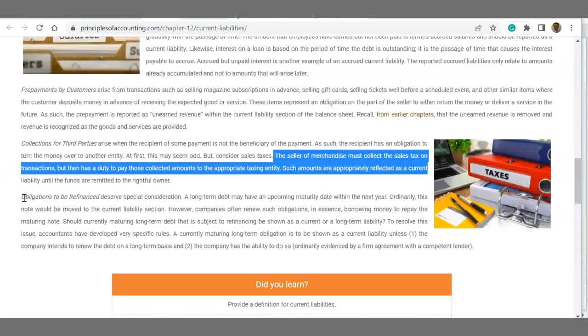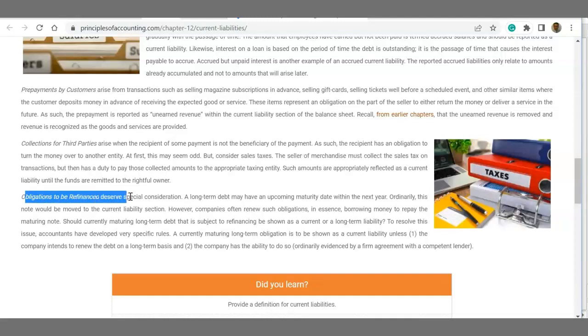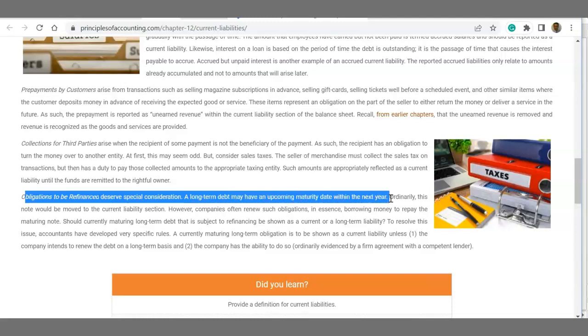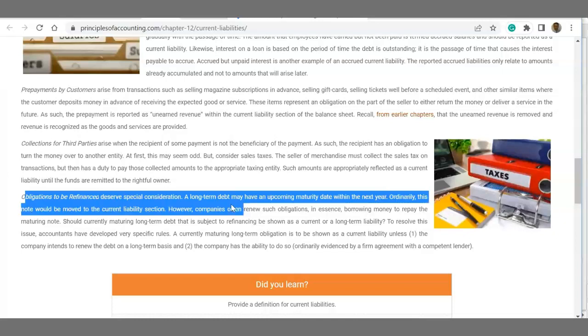What is this? Let's read this one. Obligations to be refinanced deserve special consideration. Long-term debt may have an upcoming maturity date within the next year. If anything is within the next year, then it needs to be recognized as current liabilities. Ordinarily, this note would be moved to the current liability section because it needs to be paid within the next year.